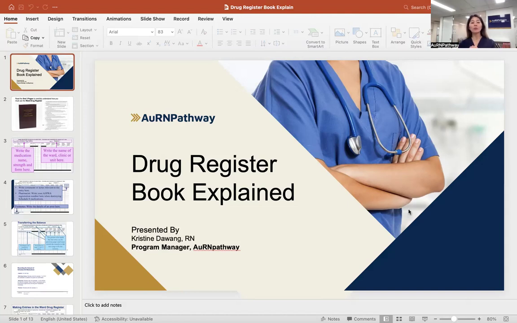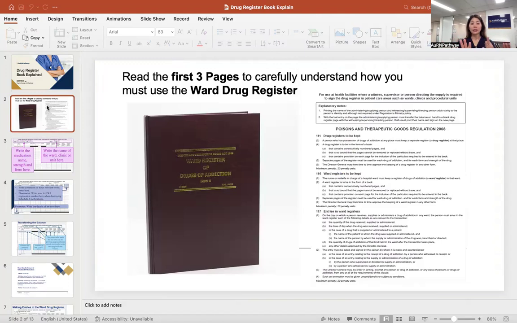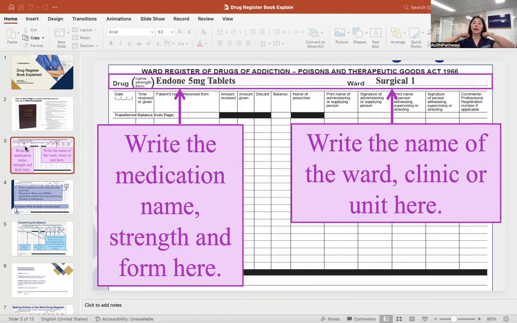So let me explain. The first 3 pages of the drug register of addiction book talk about the policies and procedures that you really need to understand as an RN. So take a bit of time to really read it, right? Let's talk about some basic things that you need to know.